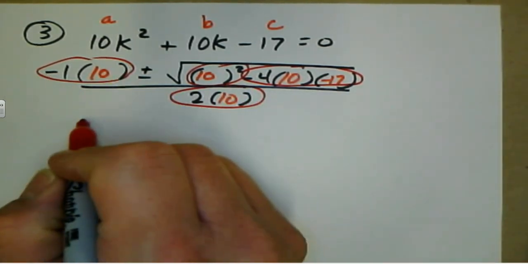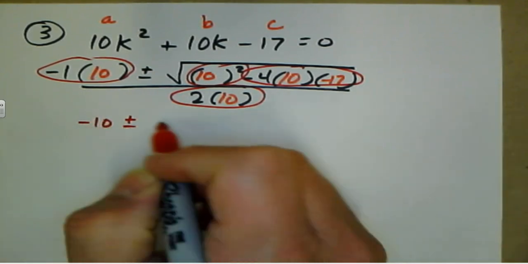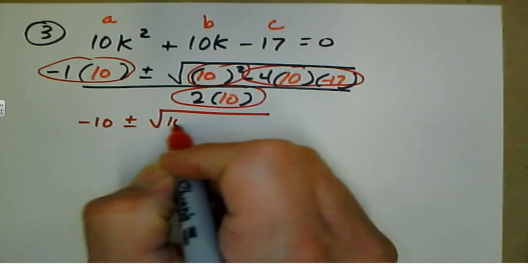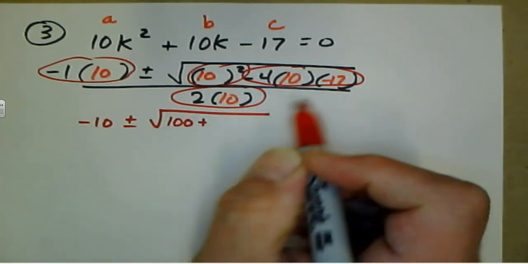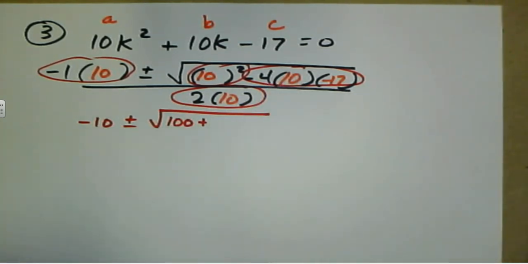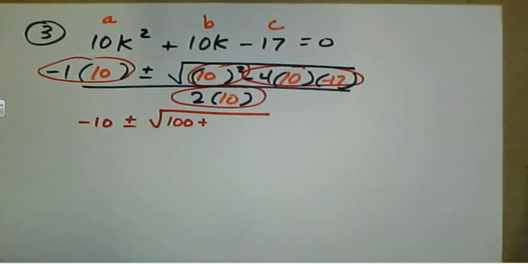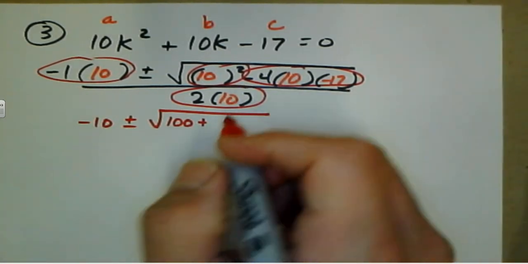Negative 1 times 10, negative 10. 10 squared, 100. Well, I know 2 negatives. So what is that? 40 times 17. For you guys, you do negative 4 times 10 times negative 17. Yeah, negative 17.